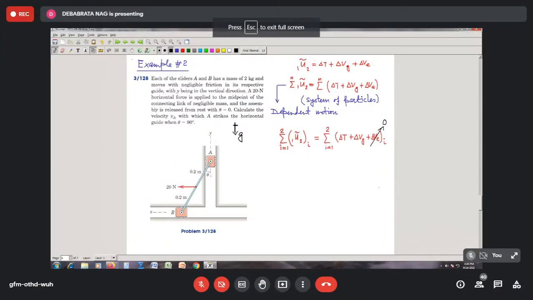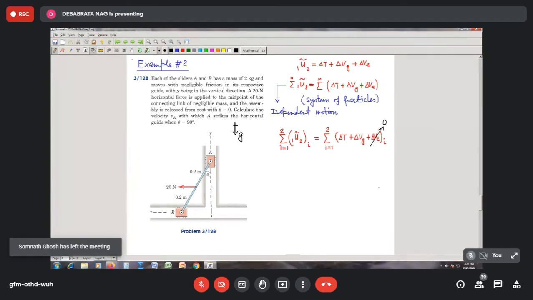So I can just mark the situations. This is our configuration 1, because when the system is released, this rod is totally vertical. That means theta was equal to 0.